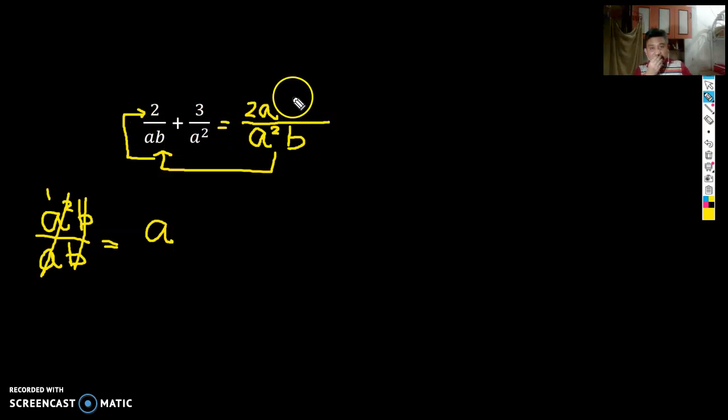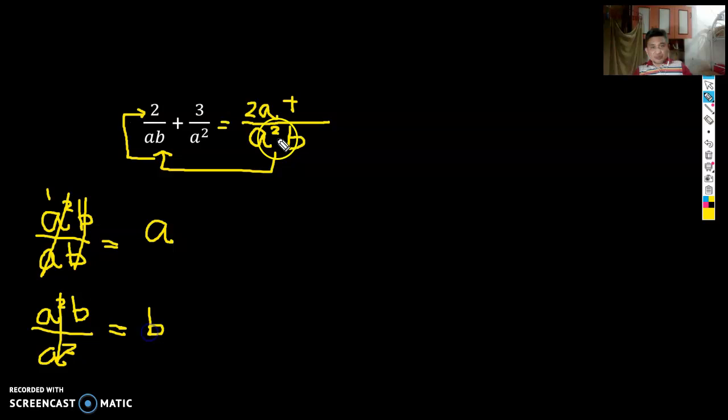Next, copy the plus sign. A squared B divided by A squared. Cancel, and what is left is B. Times 3 is 3B.